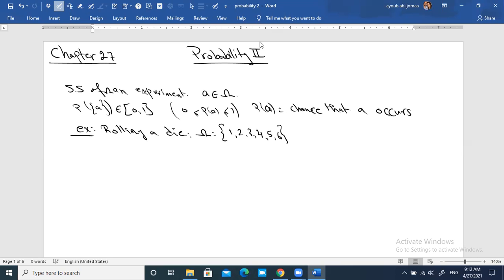The probability of getting 2, for example, is 1 over 6. There is a chance of 1 over 6 to have 2 when you roll a die. You have only one face with the number 2 out of 6. So you write the probability is 1 over 6.